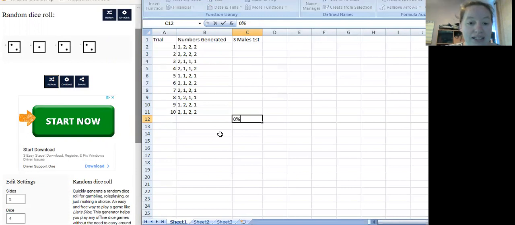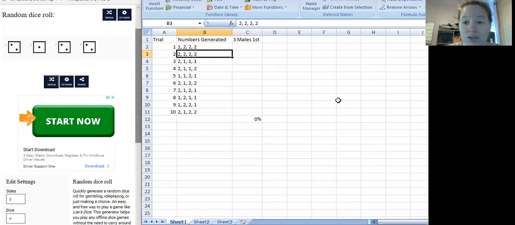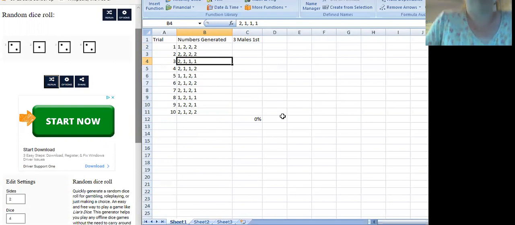You'll notice I did have one scenario where it was 3 girls, but then I didn't have a boy at the end. And here I had 1 boy and then I had 3 girls. Here I had 1 girl and then I had 3 boys. But I did not get a single one where I ended up with 3 boys and then 1 girl. So that's kind of interesting.